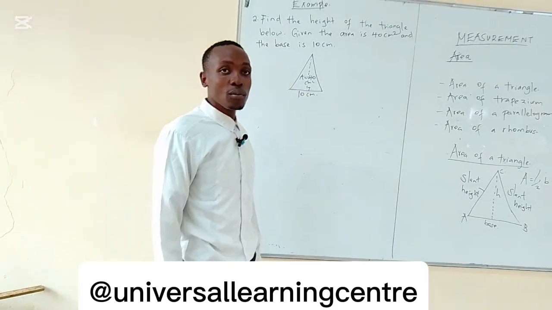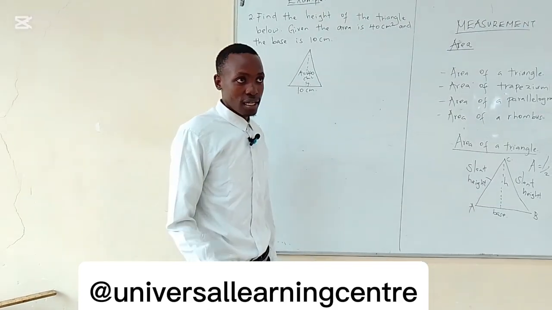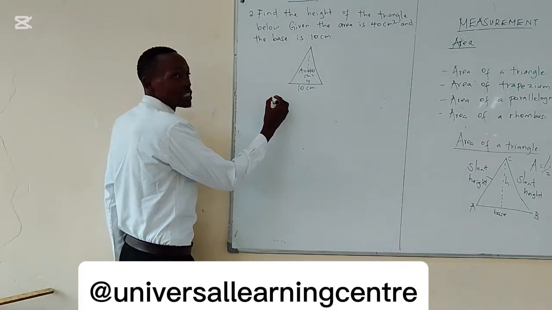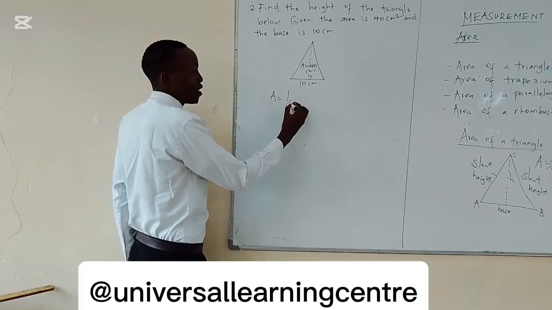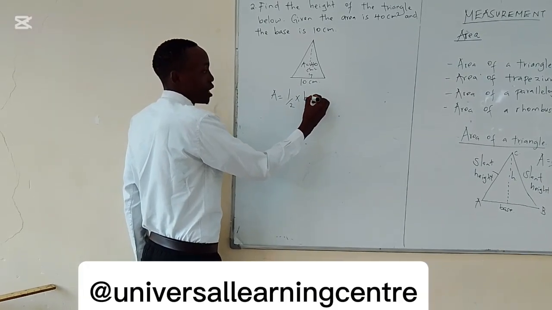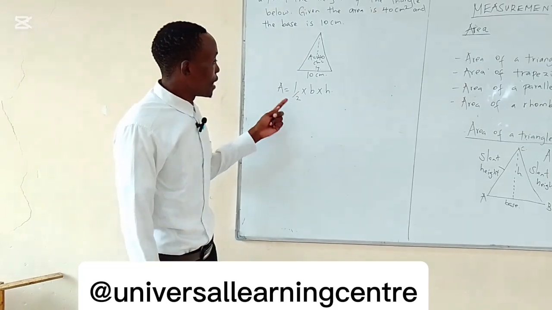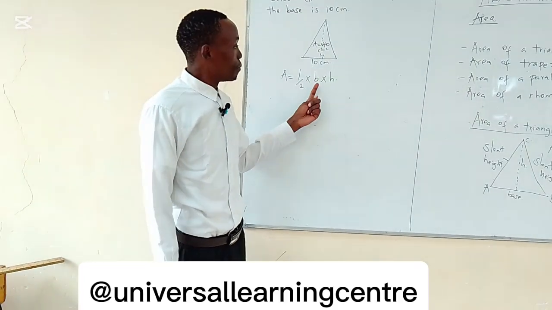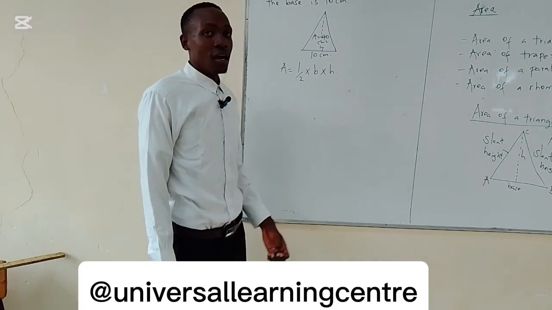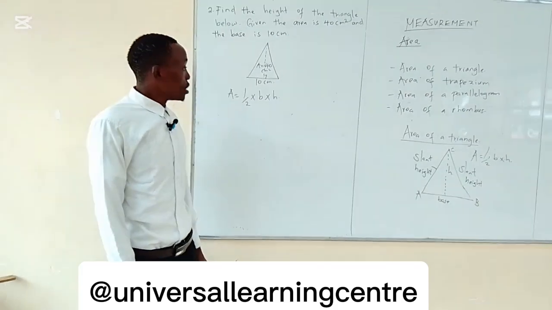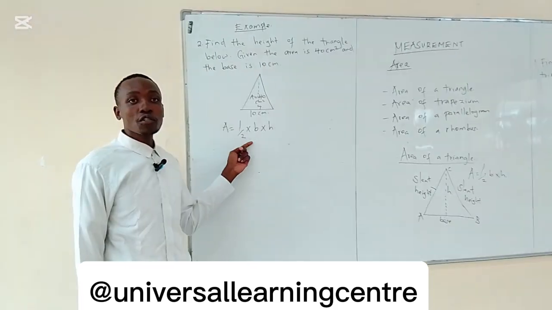So using the same formula for finding area of a triangle. So area of a triangle is given by half multiplied by base multiplied by height. So in this case, you have been given the area, also been given the base. I want to find the height. So given this formula, you can also interchange this formula.